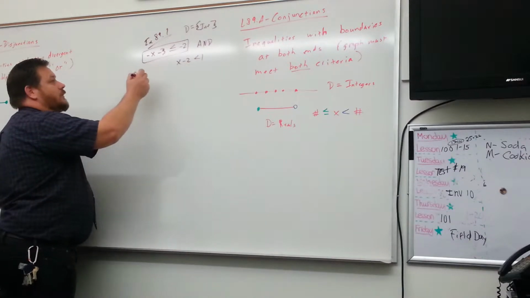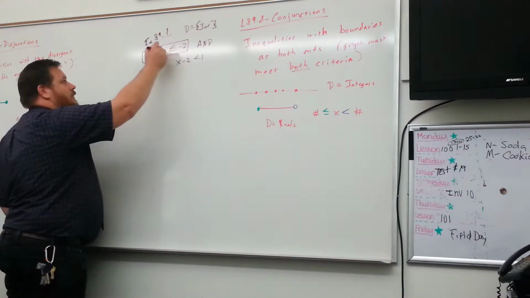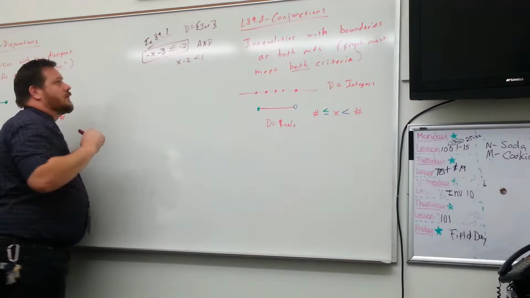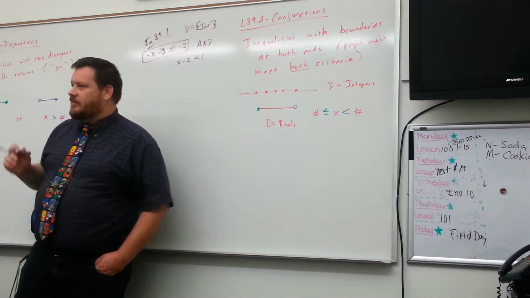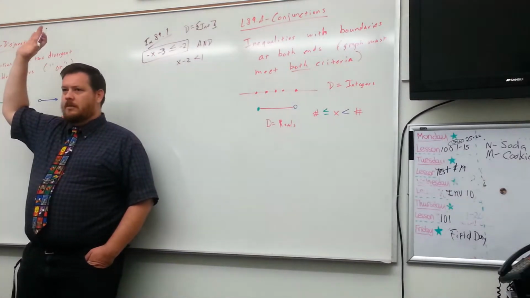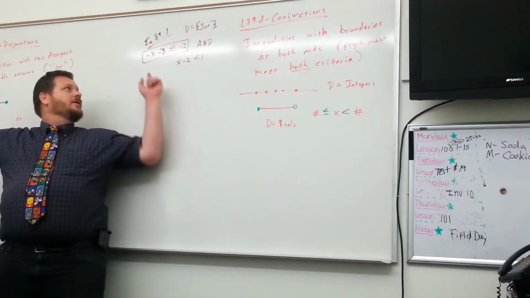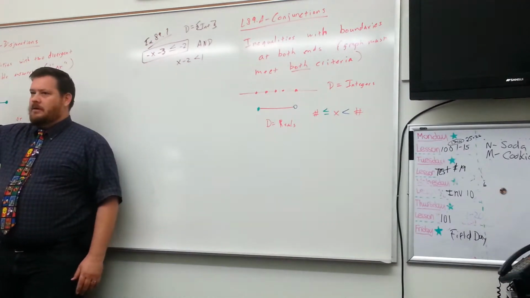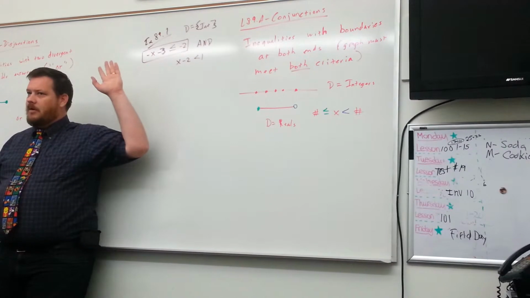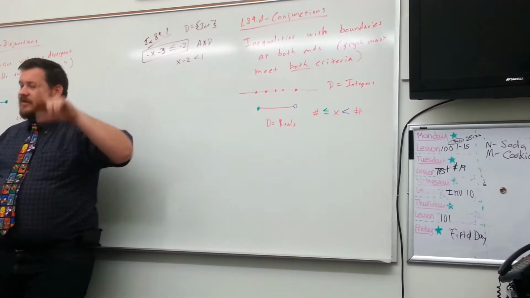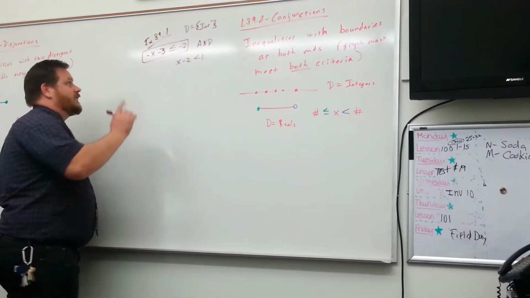What should we do first? Somebody says move the x, somebody says move the 3. How many of you want to move the x? How many of you want to move the 3? I'm going to move the 3 because that will give me an opportunity to show you something that you have to do.